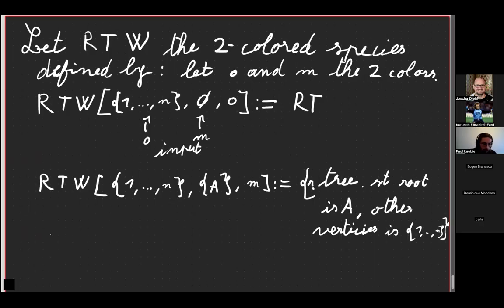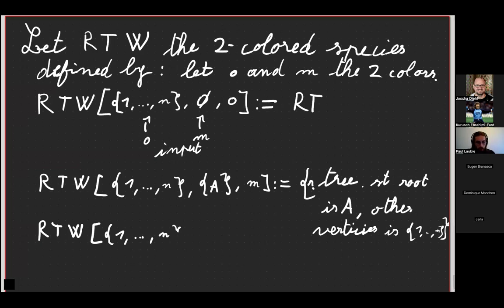All right. And then I need a last one. It will be empty, but the output is M. And this will be A, the set of aromas.